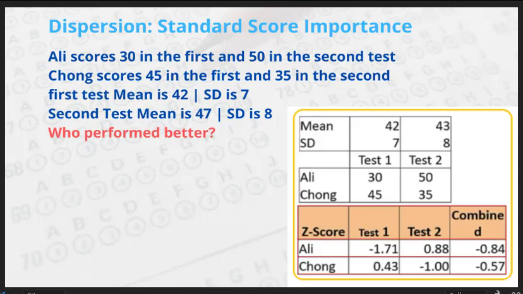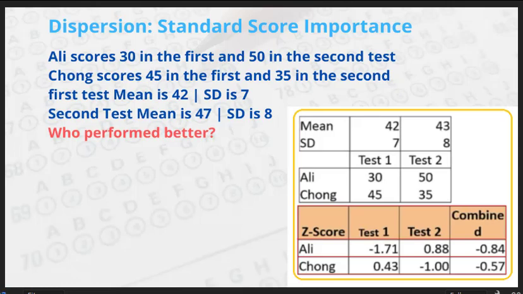Both of them scored the same in total, right? No, it depends on how Ali scored compared to the mean in the first test and how Chan scored in the first test as compared to the overall class. Yes, compared to the overall class. That will determine how each one of them performs.